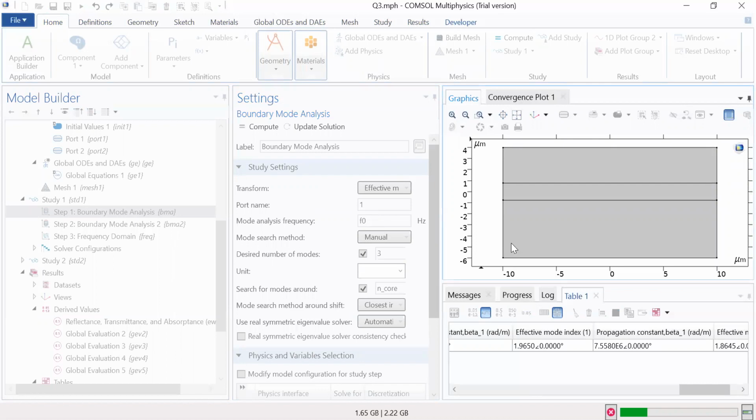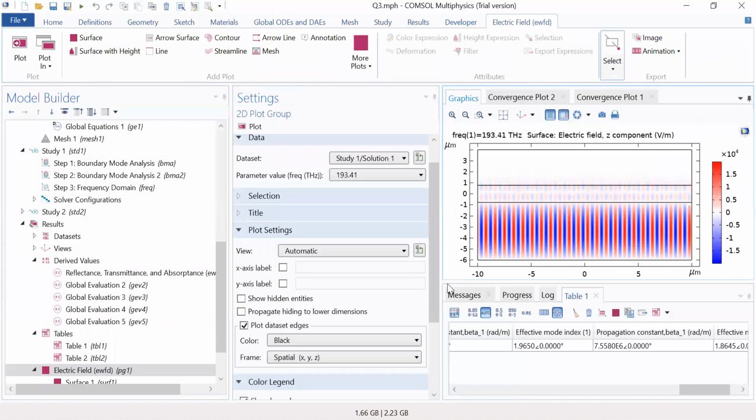I'm interested in the desired number of modes, 3, so you will see how things change rapidly. Now most of the energy is confined in the cladding region.